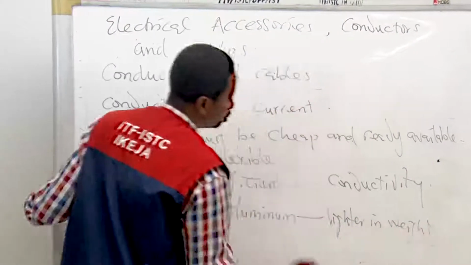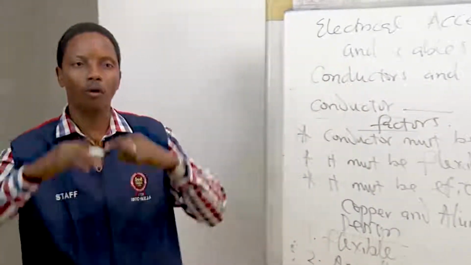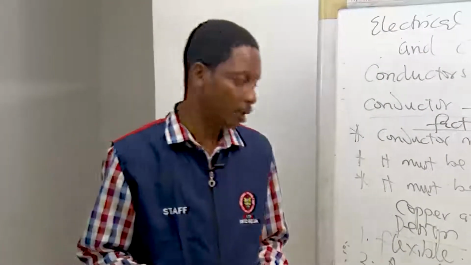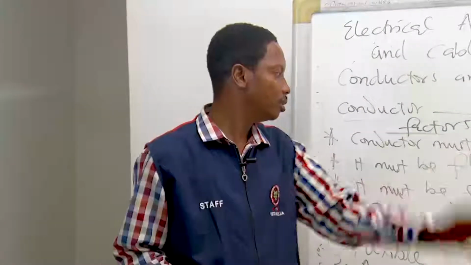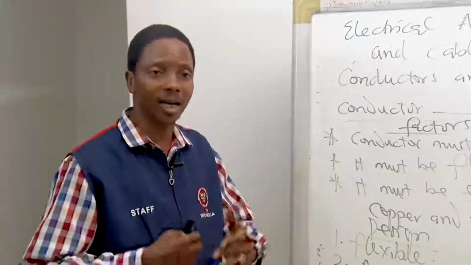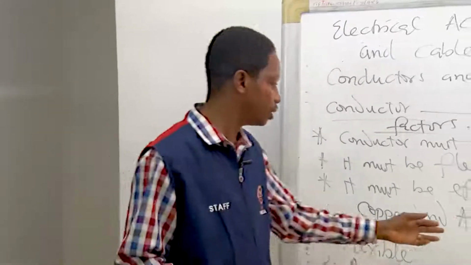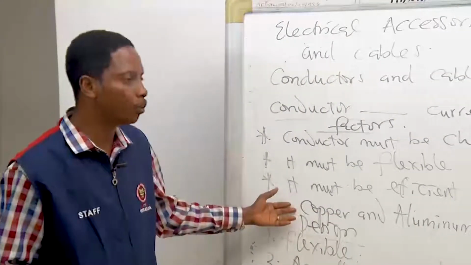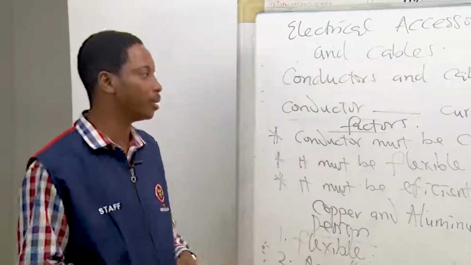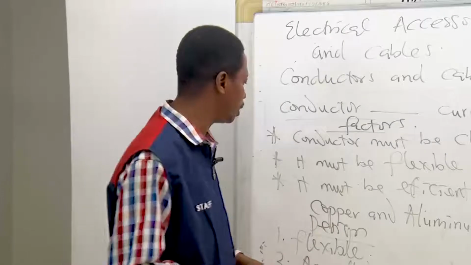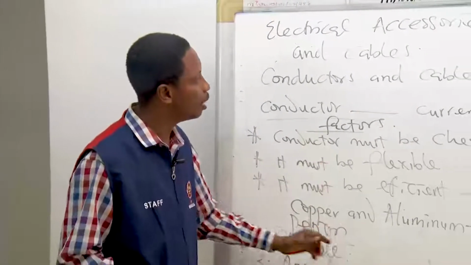That is why it is mostly used for overhead wiring systems. All the overhead systems that we see are aluminum. Sometimes they can be reinforced, yes, but it is still aluminum. But copper is heavier. That is why PVC and underground cables are mostly copper. So that is where we have copper.